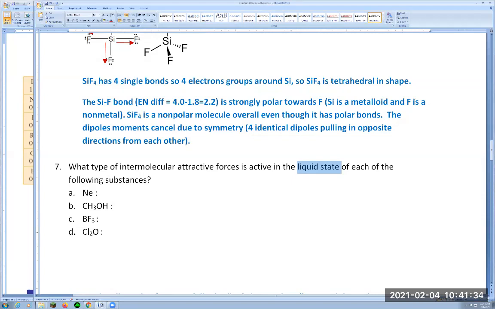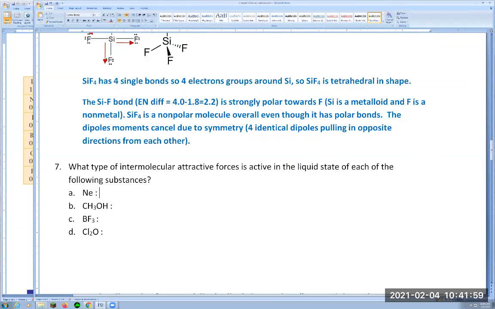So we need to be in the liquid phase to talk about intermolecular attractive forces being in action. And so when neon is in the liquid state, because it's a neutral atom, there are no dipoles. It's not an ion, so there is no charge.